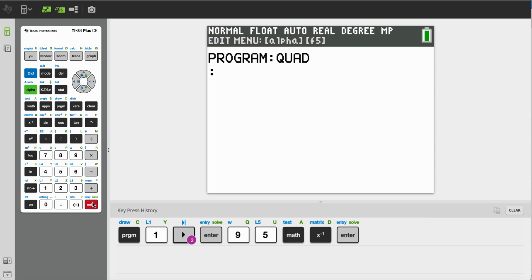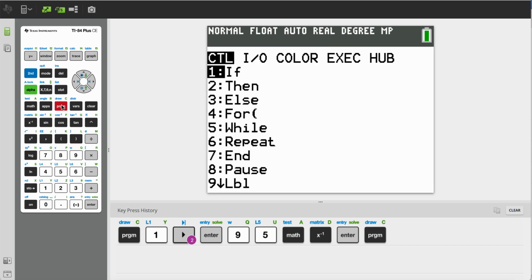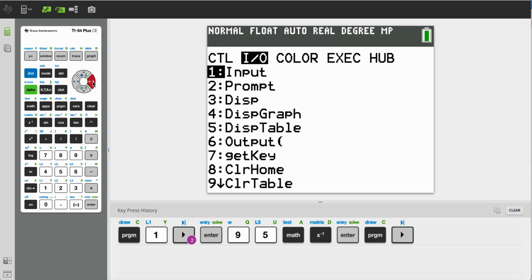And now it's going to ask us if we want to go ahead and start entering commands. Our first one is simply to prompt the user for A, B, and C, if you remember the quadratic equation. So if you go back over here and click on the Program button, and then move over the side here to choose Input, Output, we're going to choose Prompt. I'm going to press Enter at this point.